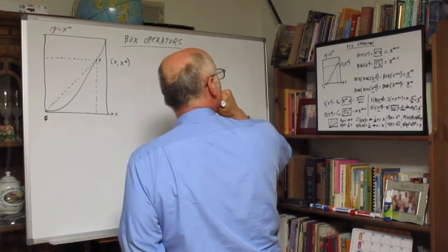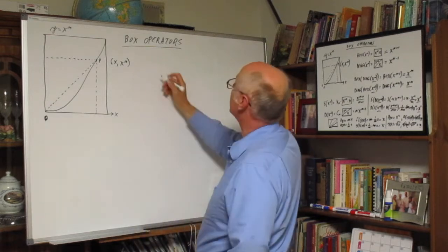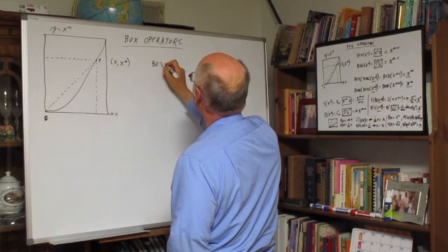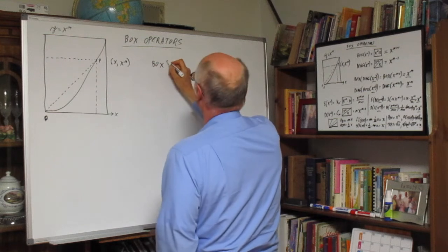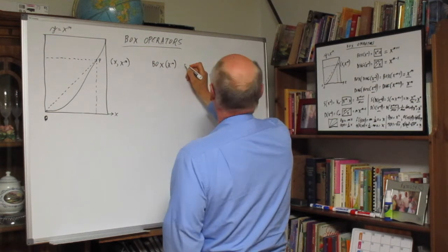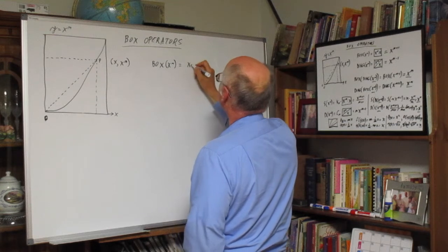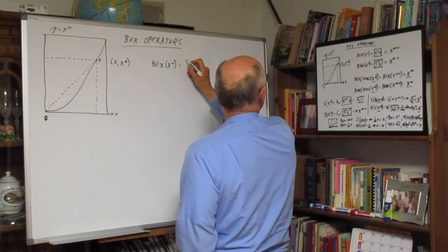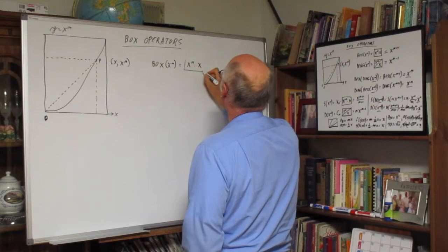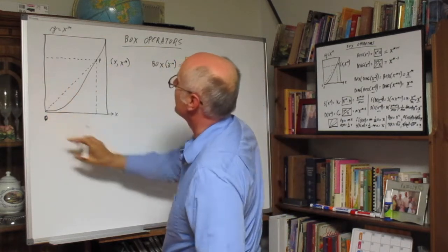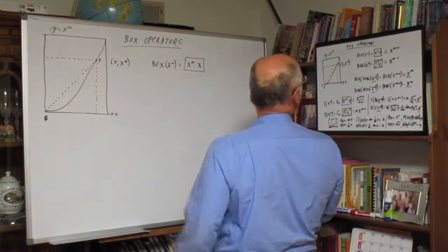And so what we can say is that the box of x to the n is equal to x to the n times x. And that looks like a box, right? You got rise times run.